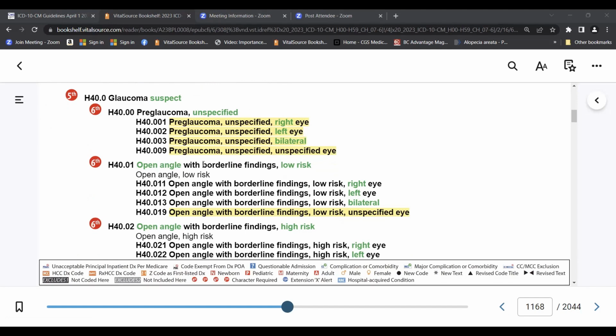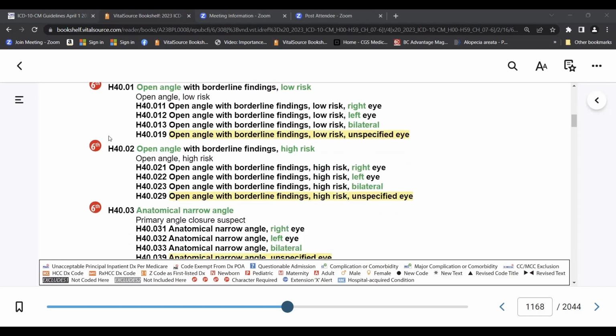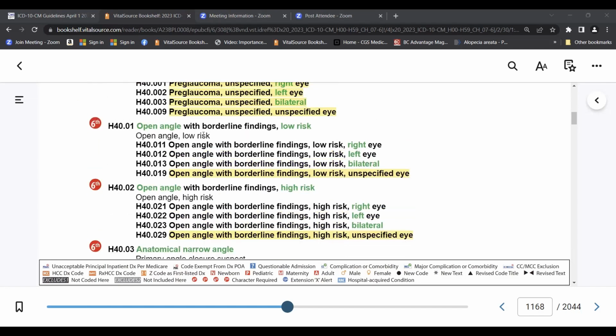Now I'm showing you this so when we go through the notes it makes sense to you. Notice that we also have open angle with borderline findings, low risk, and then you have open angle again with borderline findings, high risk. Notice the laterality, right, left, bilateral, right, left, bilateral.